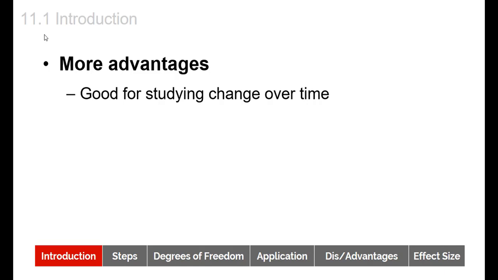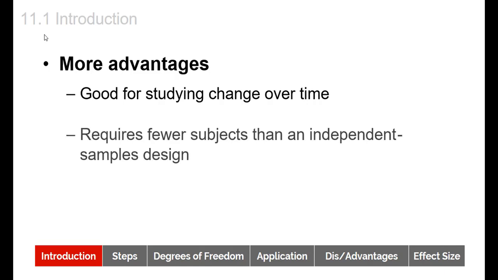So you can attribute that change more accurately to the passage of time or the experience of some sort of intervention. So it's good for studying change. And finally, repeated measures design requires fewer subjects than an independent samples design. Because you are measuring the same group of people twice, you don't need as many people to have a significant finding.